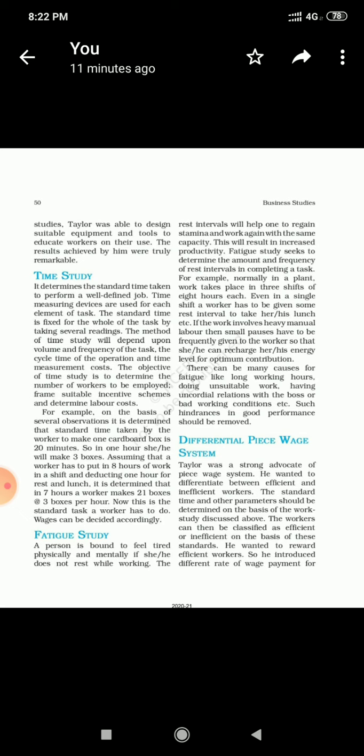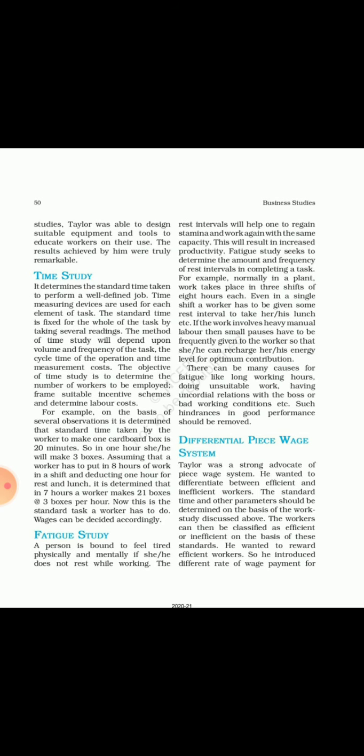Extra wage paid to efficient employees will motivate them to remain efficient. Extra wage paid to the efficient employee will also motivate inefficient employees to come into the category of efficient employees.